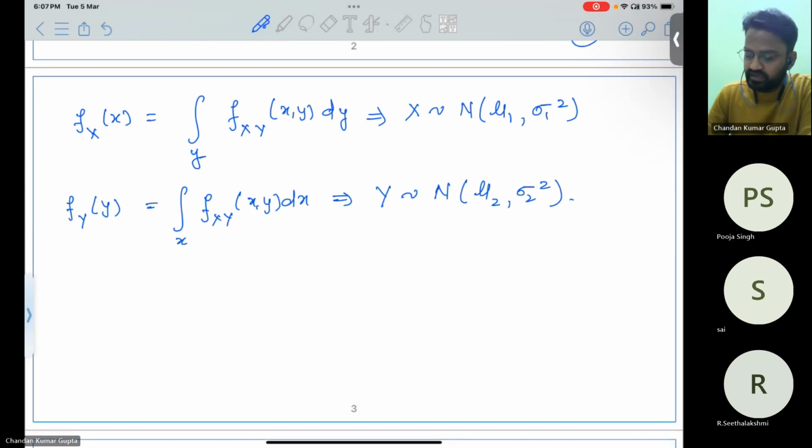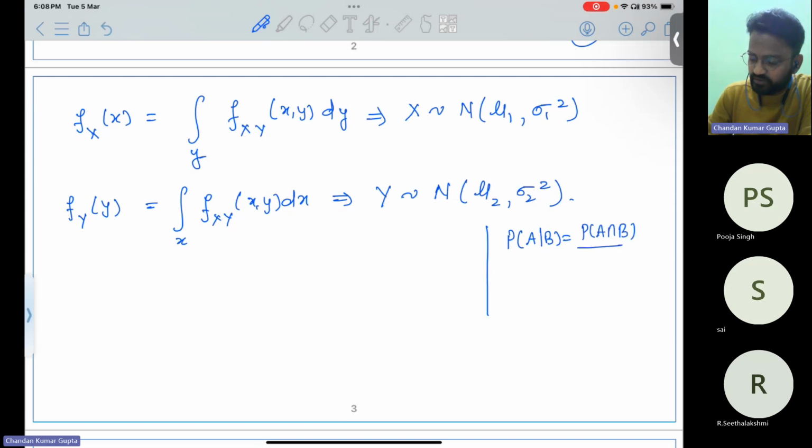One more thing is the conditional distribution. As we know, the probability of A given B equals the probability of A intersection B upon the probability of B. In a similar manner, we can calculate the conditional distribution f of x given y equal to y.